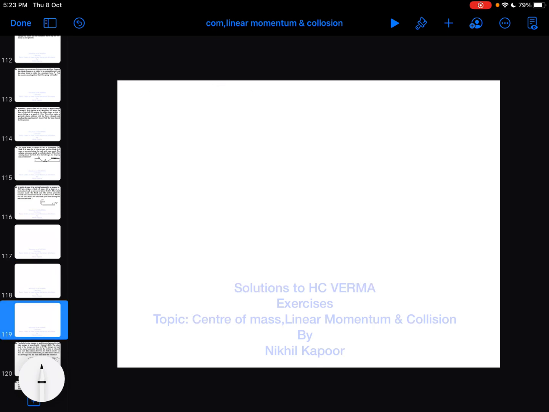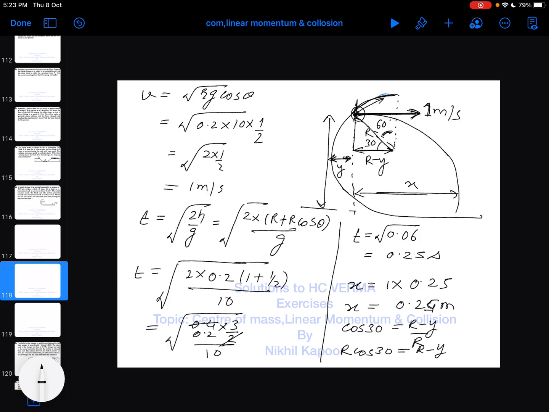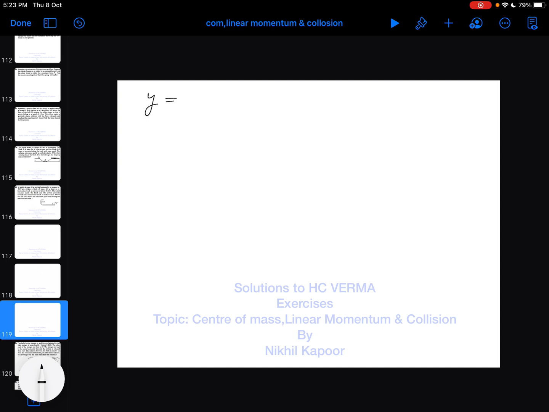Let's take the next page. So y will be equal to r minus r cos 30. R is 0.2, that can be taken as outside. 1 minus cos 30, where cos 30 is root 3 by 2, that comes out to be 0.866. Now 0.2 into 0.866, what should be the result of this multiplication?